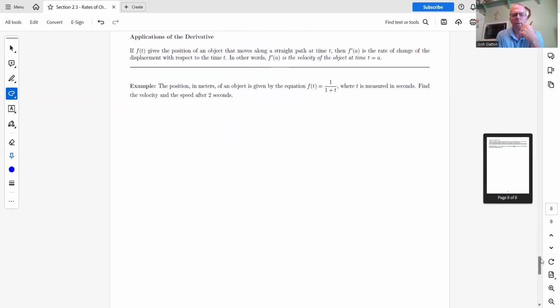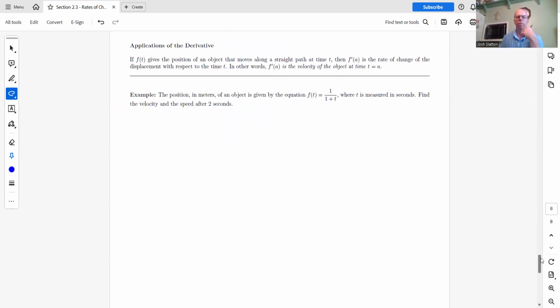Then the last part, applications of the derivative. This is just one; there are other examples in the homework. If we have a function f of t that gives the position of an object that moves along a line at time t, then the derivative is the rate of change of the displacement with respect to the time t, or in other words, it's the velocity.